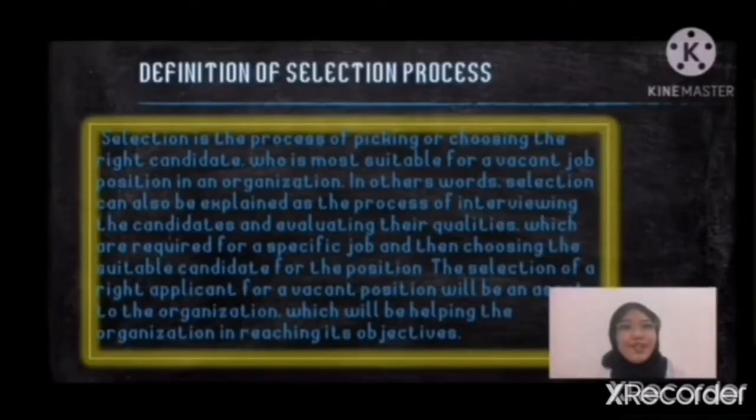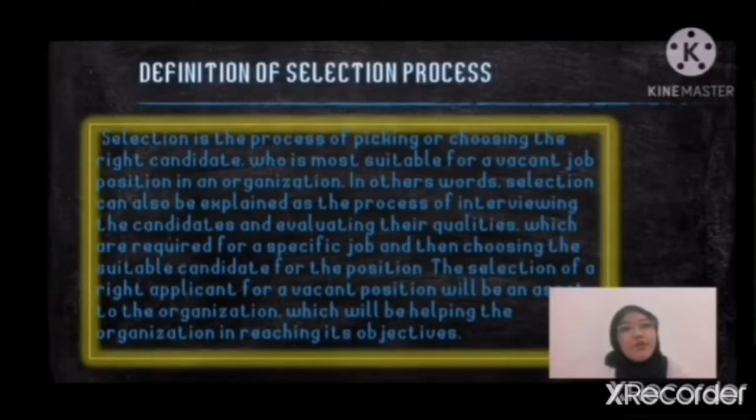So, the definition of selection process. Selection is the process of picking or choosing the right candidate who is more suitable for a vacant job position in an organization. In other words, selection can also be explained as the process of interviewing the candidates and evaluating their qualities, which are required for a specific job, and then choosing the suitable candidate for the position.